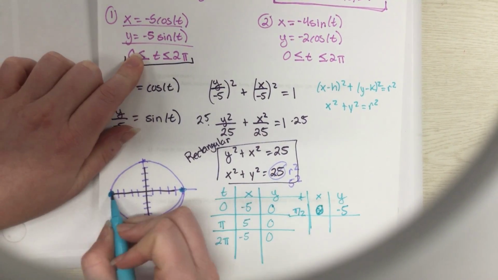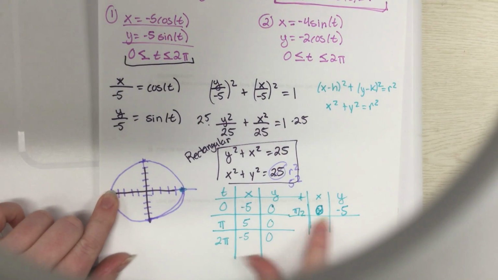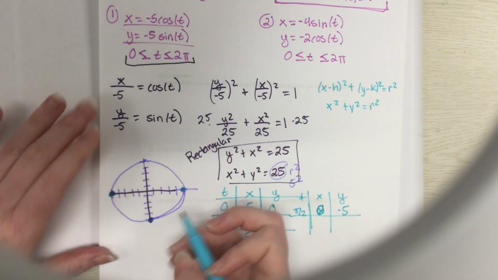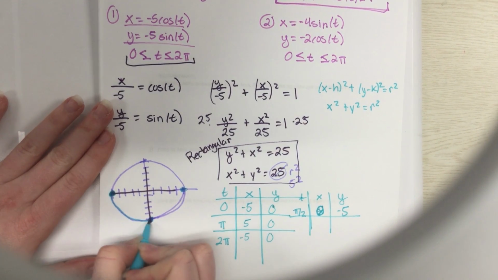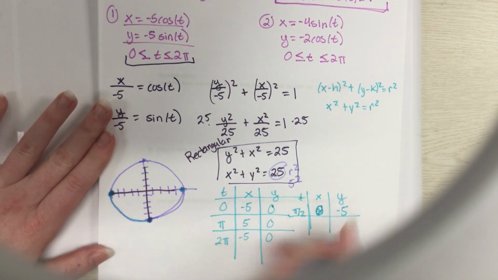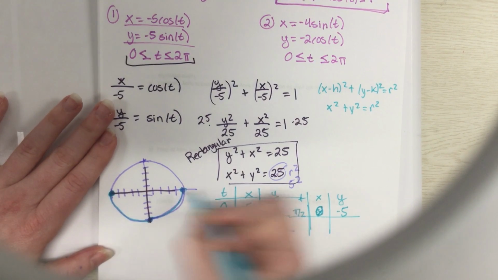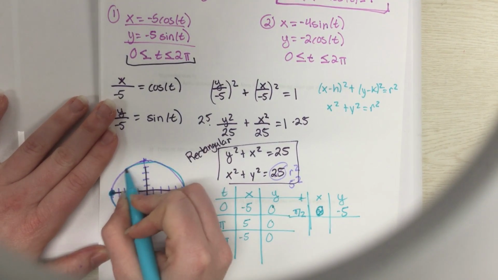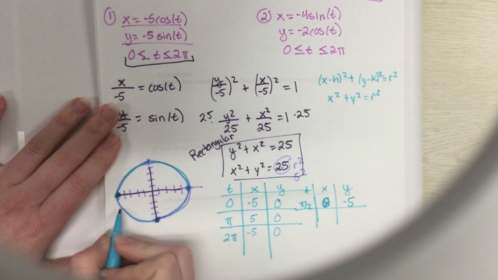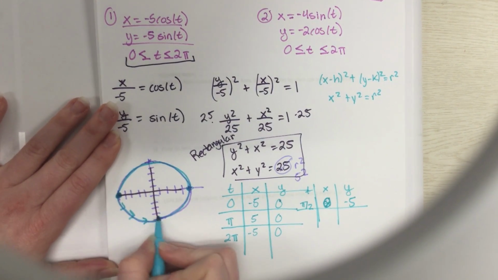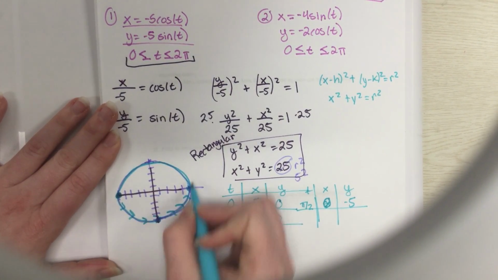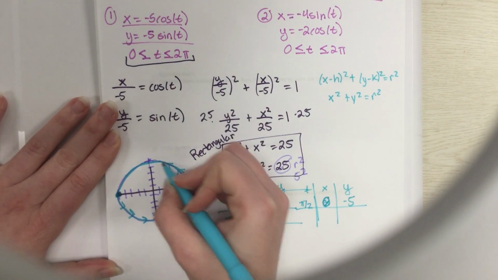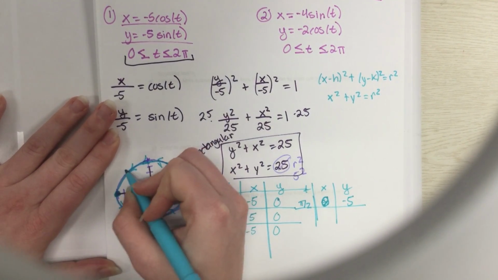So we start at -5, 0, then we go to 0, -5. That tells me right now I'm going this way. Then my next one would be at 5, 0, and then we finish off the circle way over here. So we'll go ahead and draw our arrows going all the way this way.